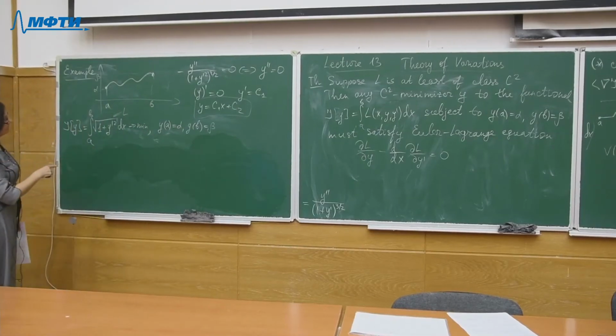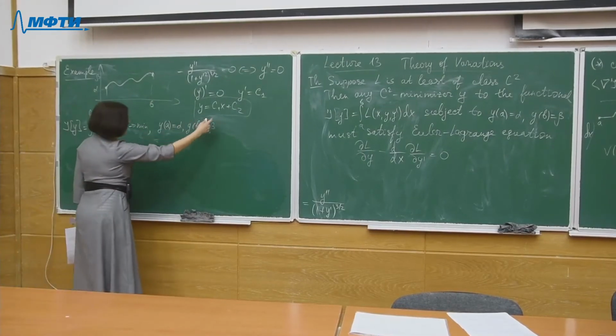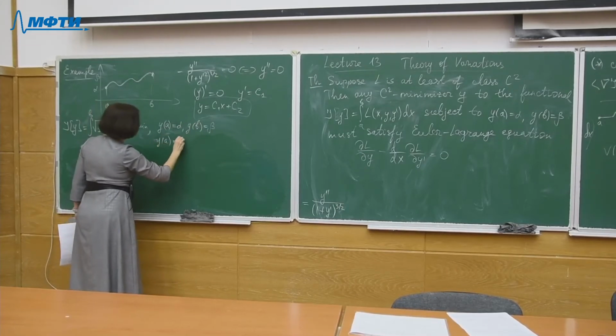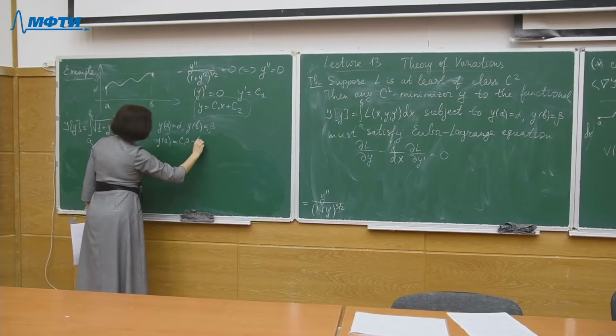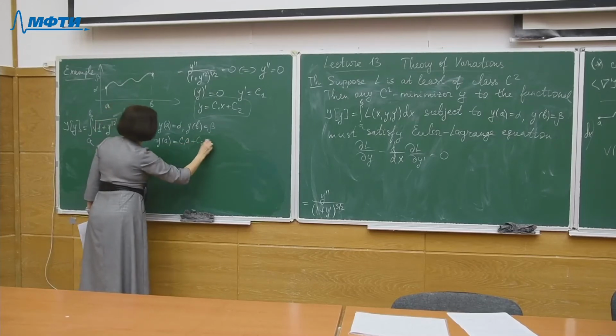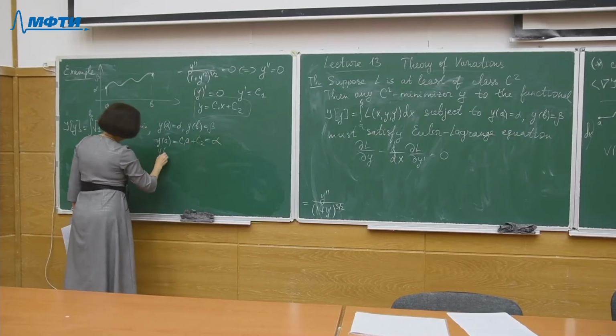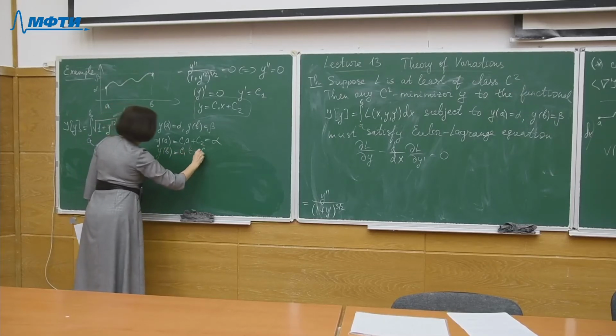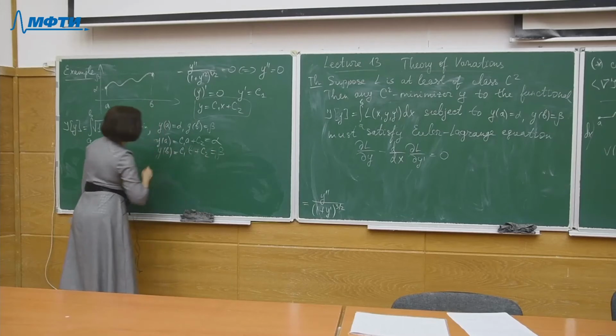Well, let's solve the following. So y of a is equal to c1a plus c2 equals alpha. Y of b is equal to c1b plus c2 equals beta.